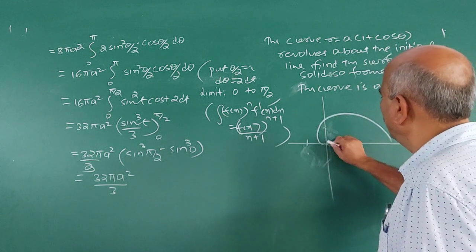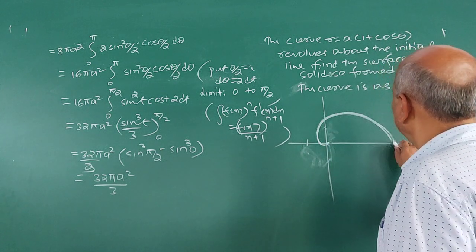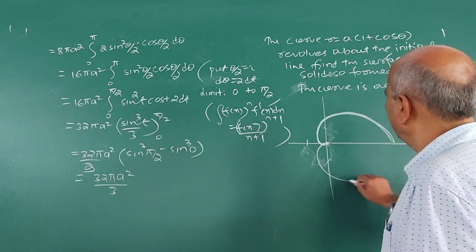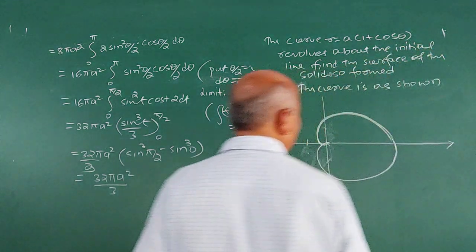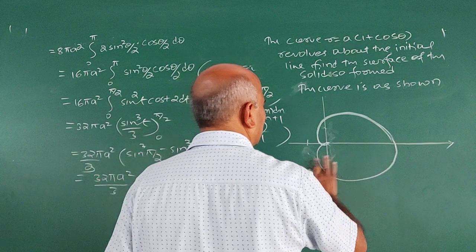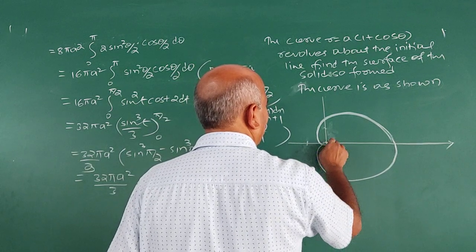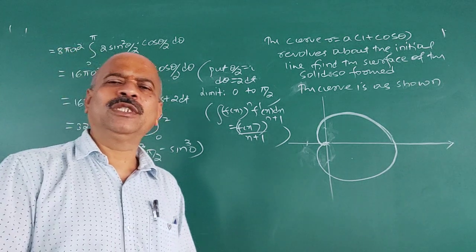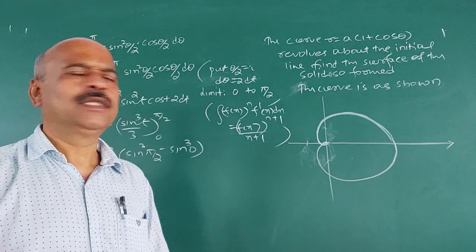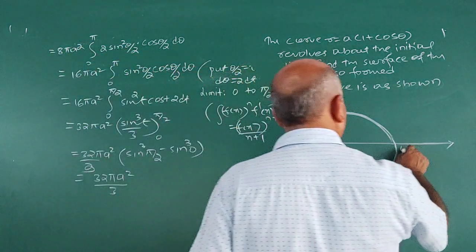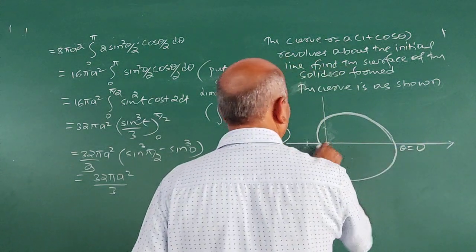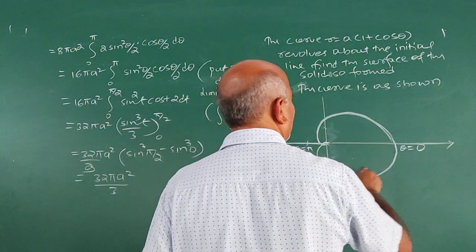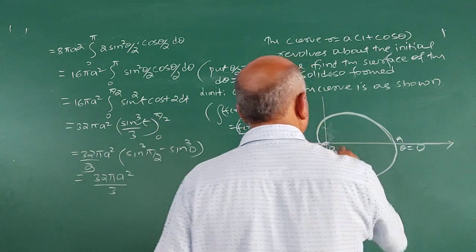It starts from here and it is a closed curve. The two portions should be the same, it is symmetric. This is the cardioid. What is this line? Theta is 0. What is this line? Theta is pi.